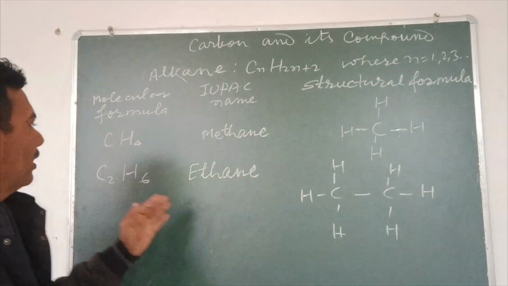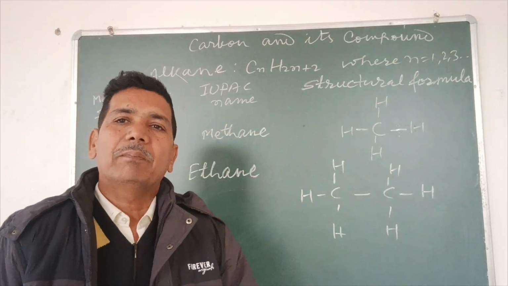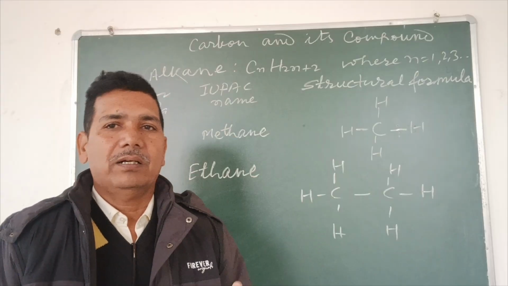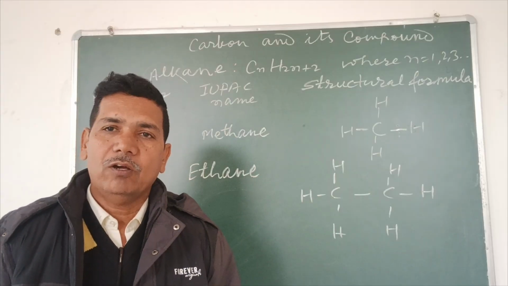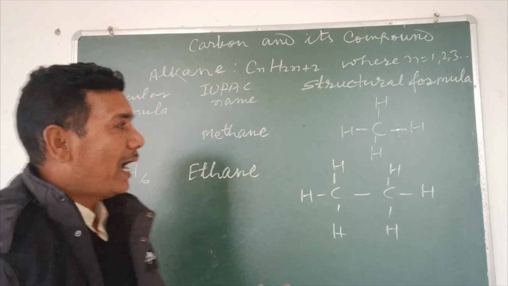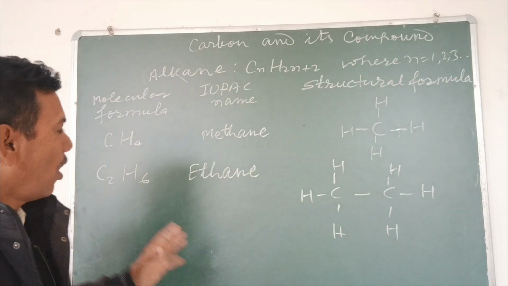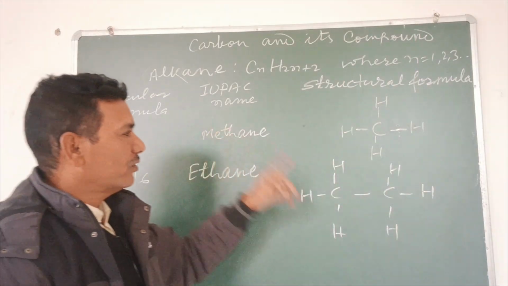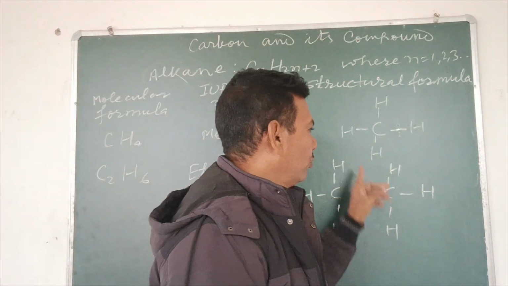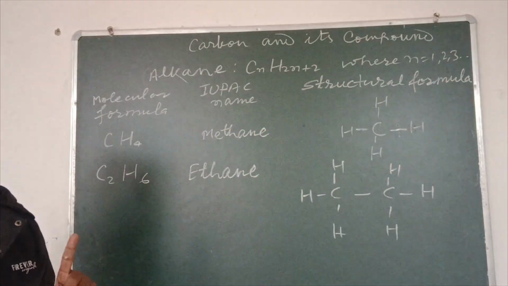In this manner, we can write propane, butane, pentane, hexane, heptane, octane, nonane, decane. And in this group, that is in the alkane group, all bonds between any two atoms will be a single bond only.